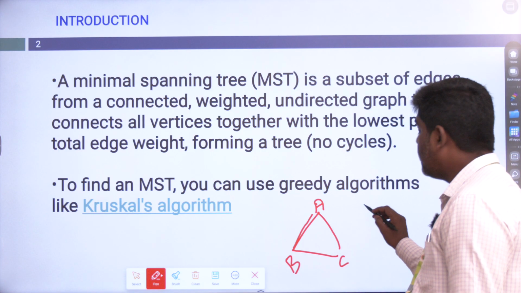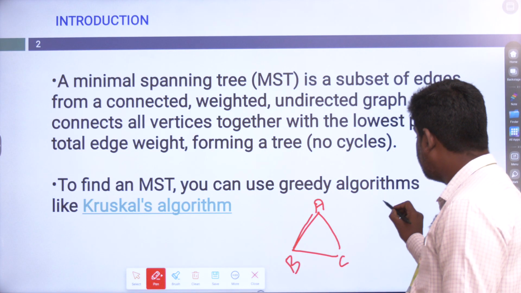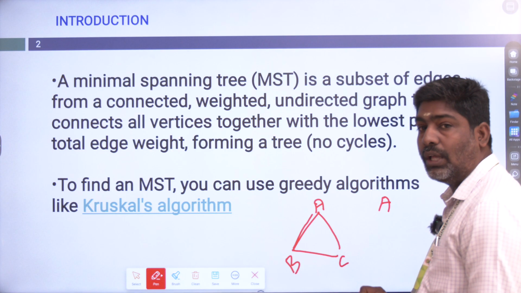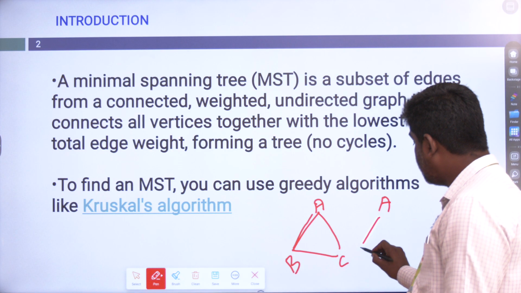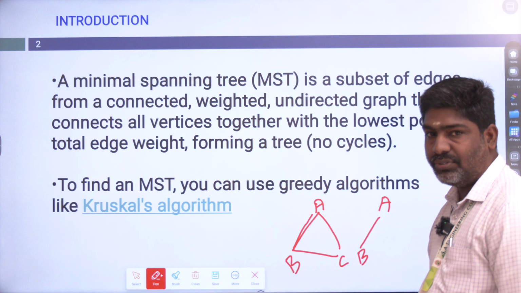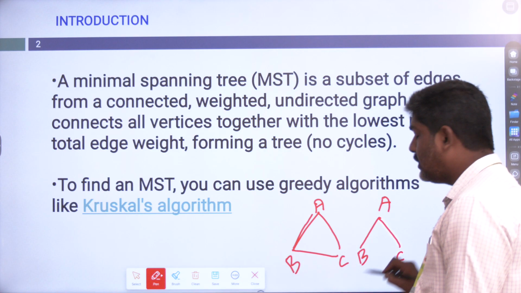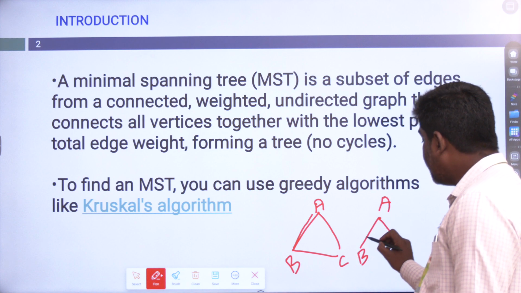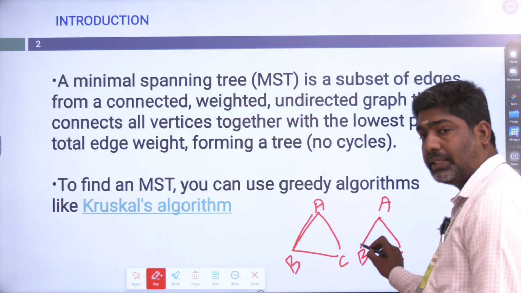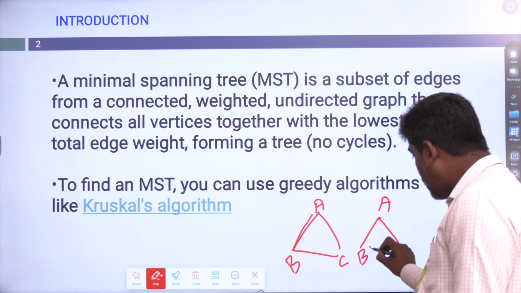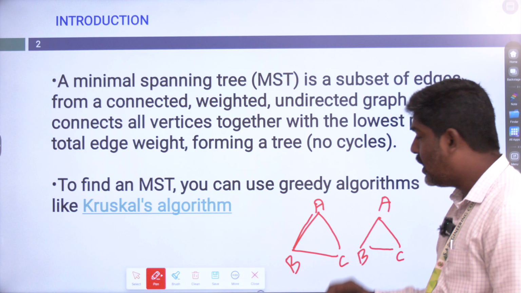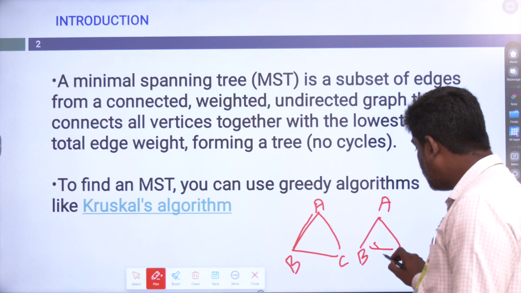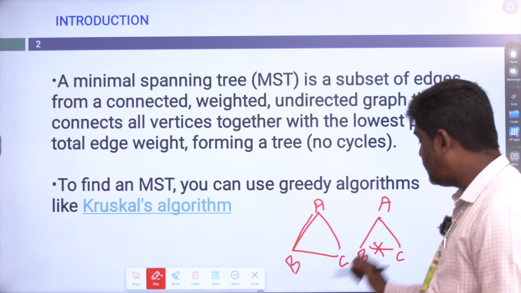When we call it a tree, this is the root node maybe, and B is a left child and C is a right child. We couldn't draw any connectivity between B and C. If we draw a connection between B and C, this is called a graph. We should not draw it for a tree.